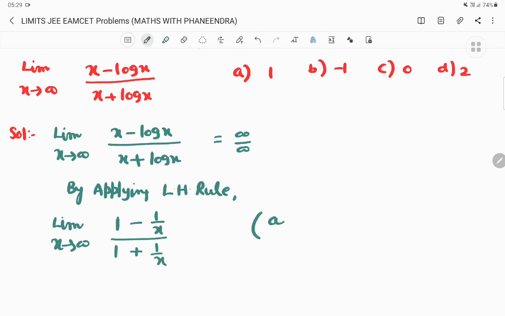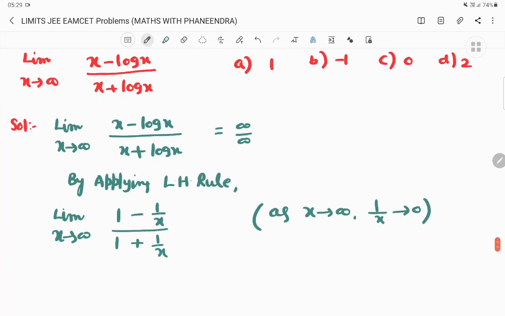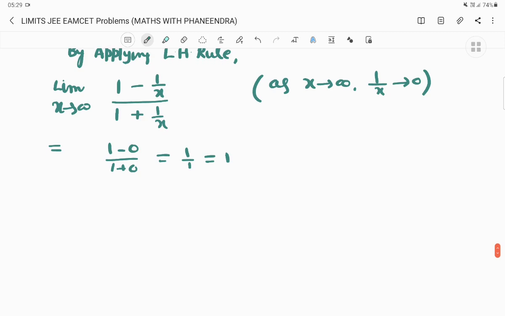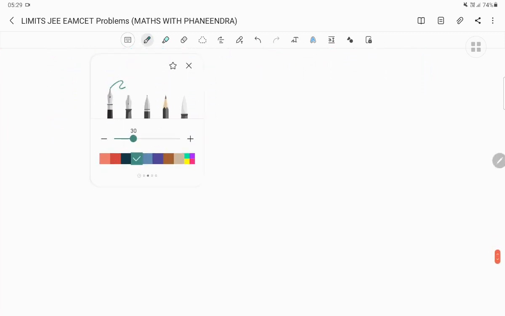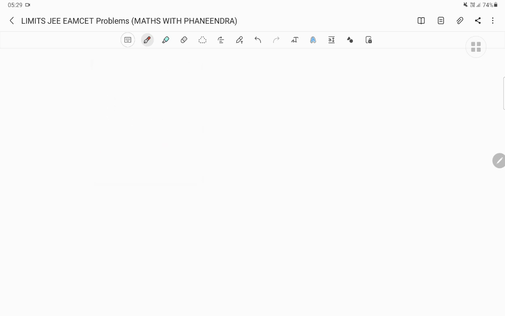We know that as x tends to infinity, 1 by x tends to 0. So this limit goes to 1 minus 0 by 1 plus 0, that is equal to 1 by 1. So the answer is 1, which is the first option. We'll take another example. If you do a number of problems based on this, you'll get good experience on the subject. So another question.